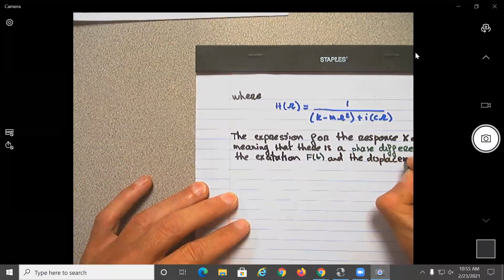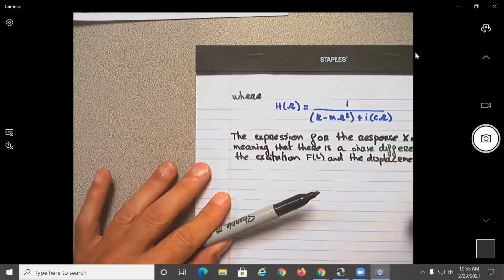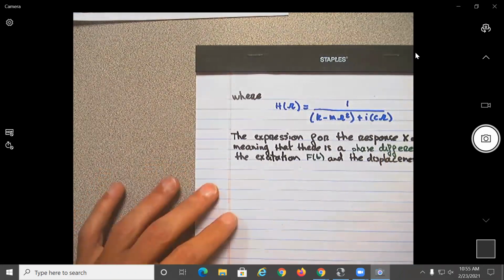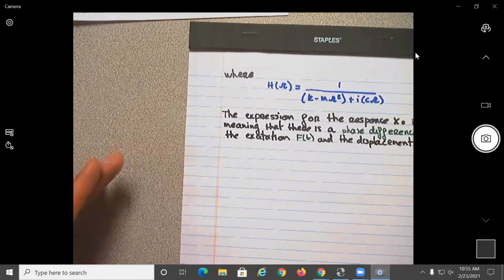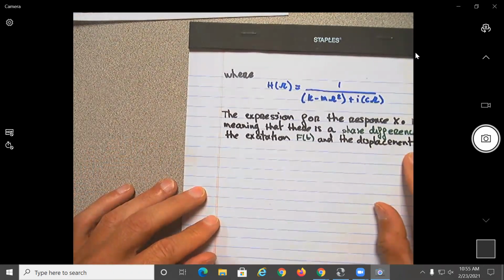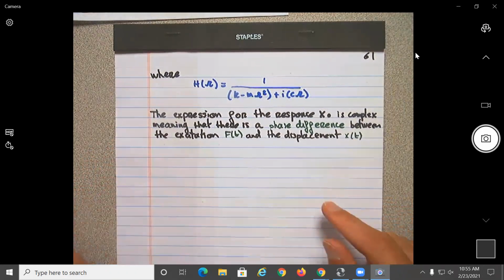I use displacement not to repeat response, but you could use response if you want. So I call it here phase difference, but if you want, you can say a lag in time between when you apply the force and the deformation, no? Okay? So that's the important part over here.